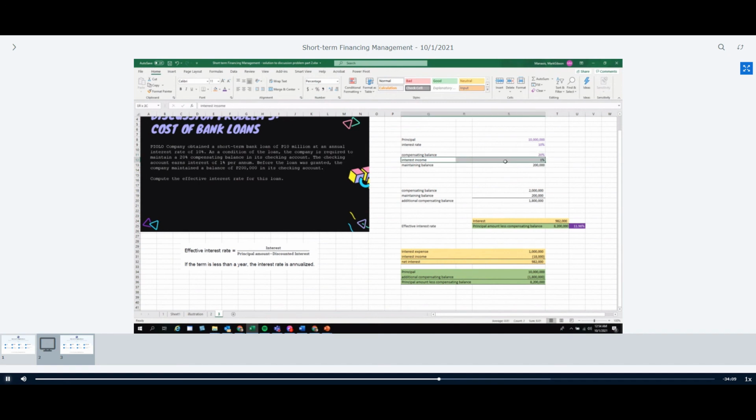Interest income of 1%. And then we have maintaining balance. Ito yung current maintaining balance natin. Hindi ko lang present para at least hindi ka malito. Present maintaining balance.